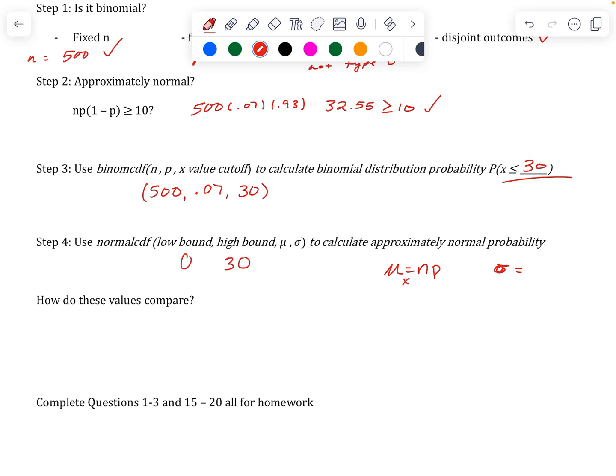I should be more careful with that. And sigma is going to be the square root of np times 1 minus p. And then I'll check my values and I'll do the homework.